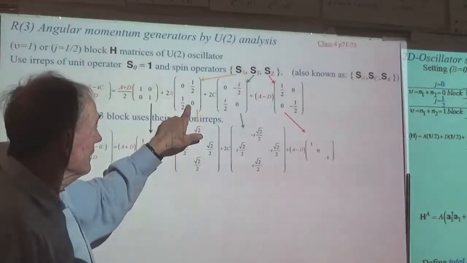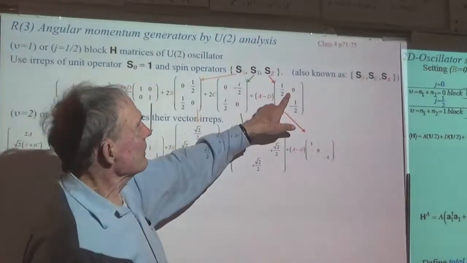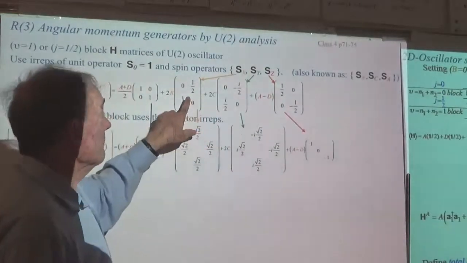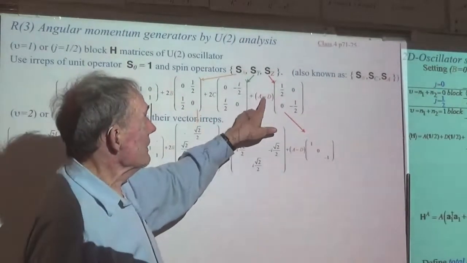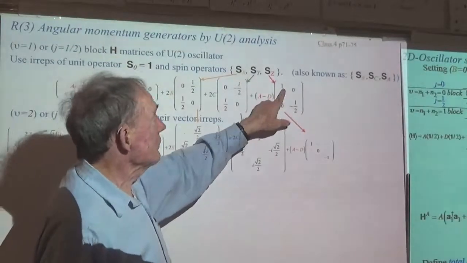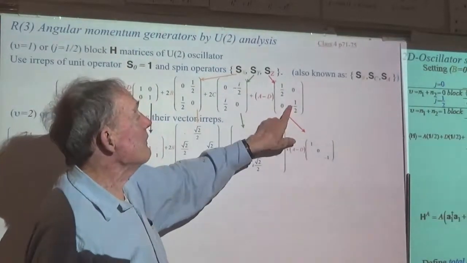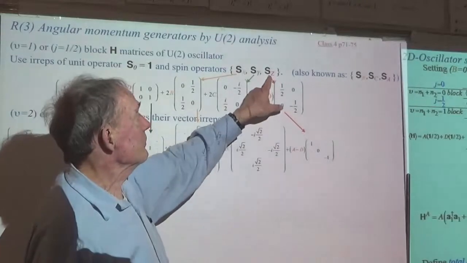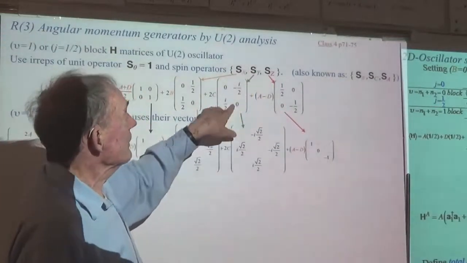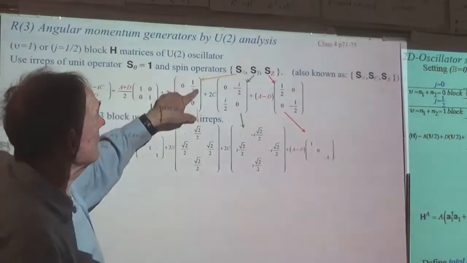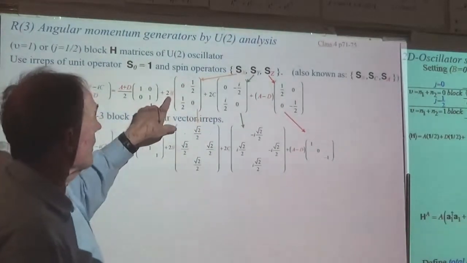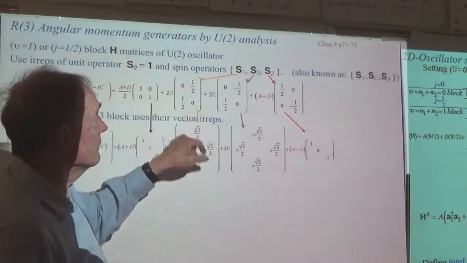There's B, it's actually B over 2, because I've got 2B out here. This is A minus D over 2 times 2. There's the spin a half, that's the actual spin operator SZ. This is SY, that's sigma Y over 2. Here's sigma X, that's sigma X over 2, okay?